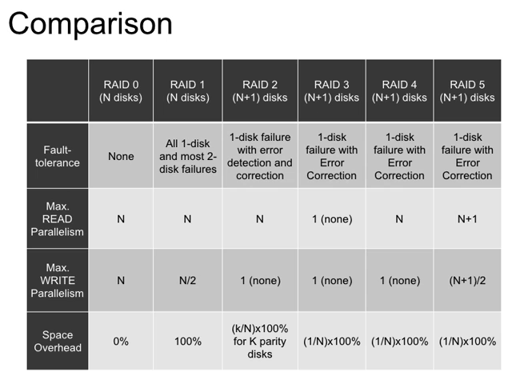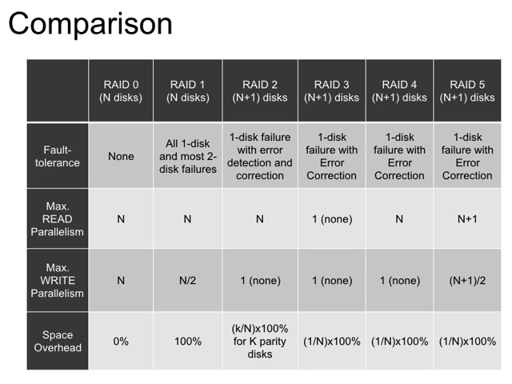But for writing, you have to write to the primary disk and the mirror disk. So you can only perform n by 2 write operations in parallel. With RAID 2, you can perform n read operations at a time, but only one write operation at a time, since parity disks are dedicated.